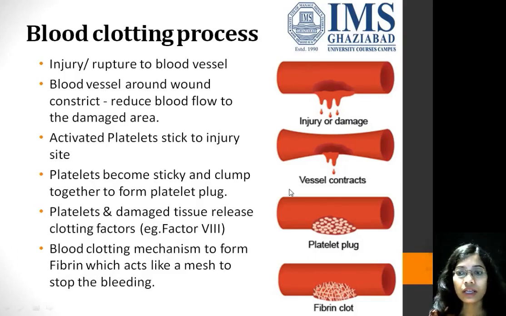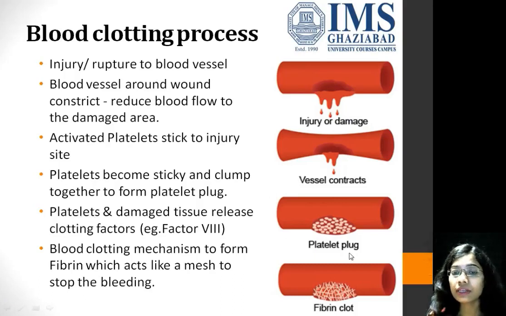Then activated platelets running in the bloodstream come and stick to the injury site. The platelets become sticky and clump together to form the platelet plug. By the formation of the platelet plug, bleeding stops.